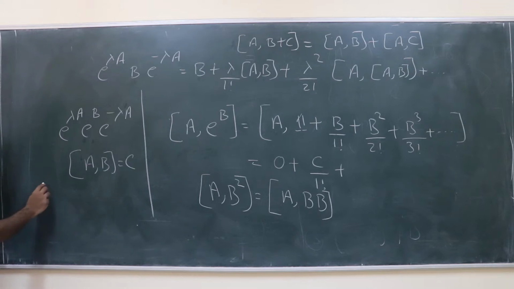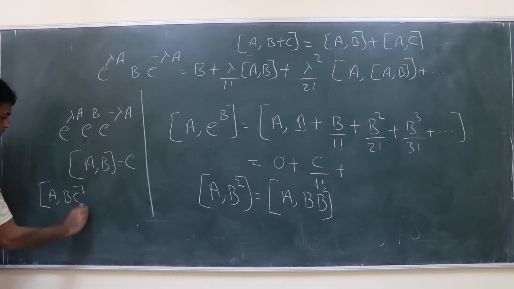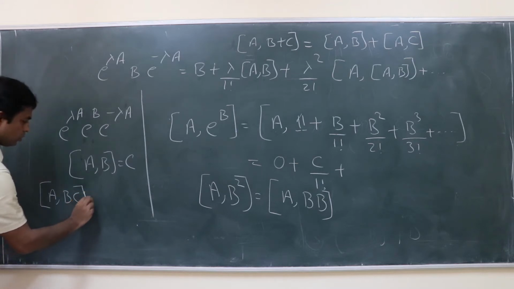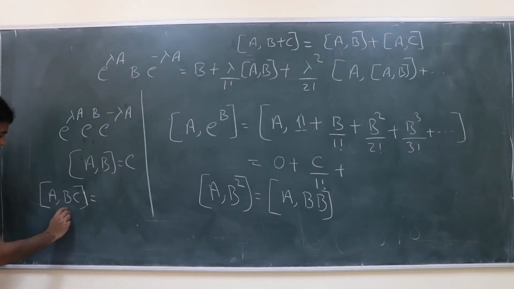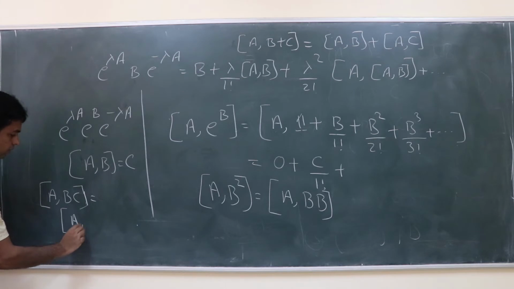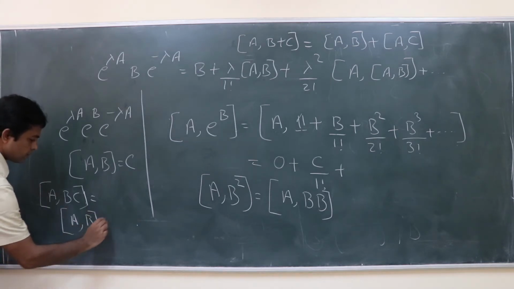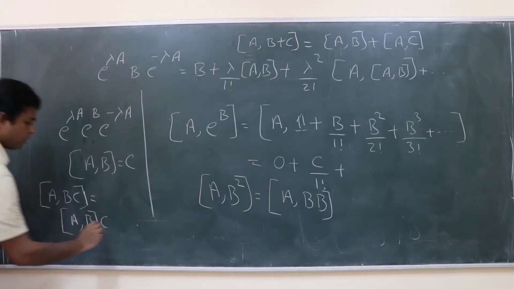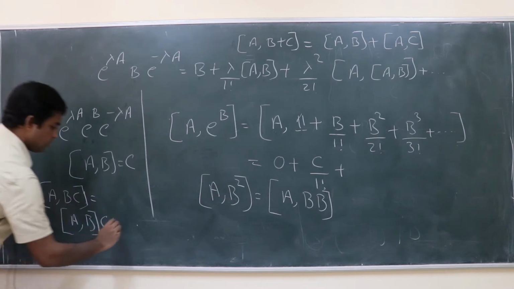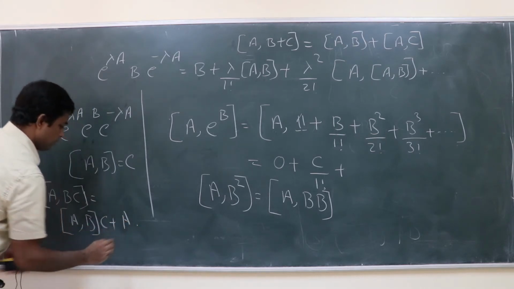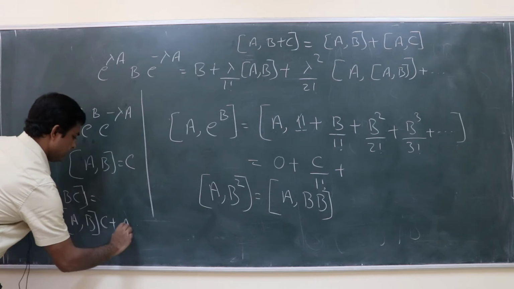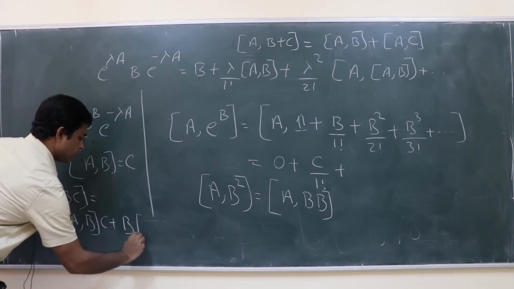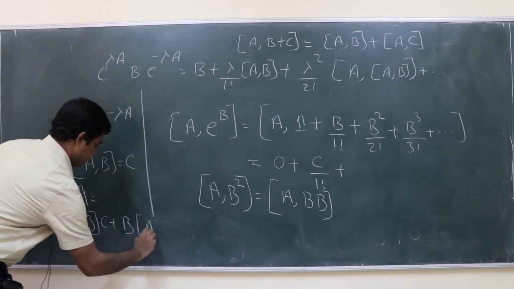The commutator of a with bc is equal to the commutator of a with b, c, plus b, commutator of a with c.